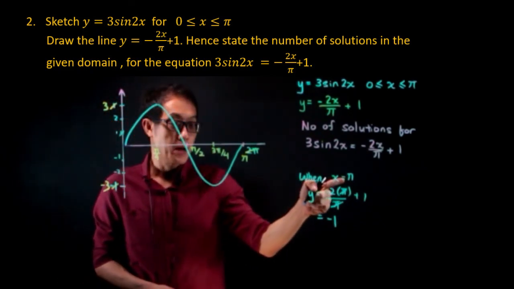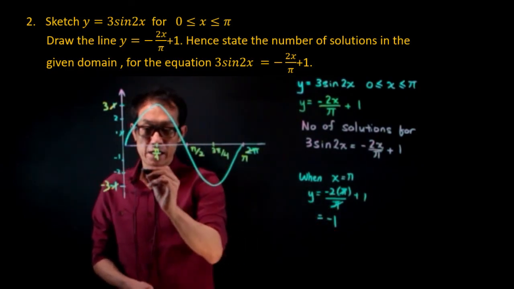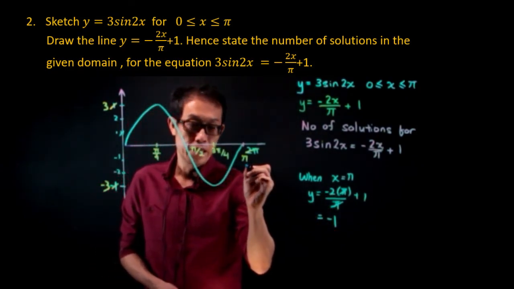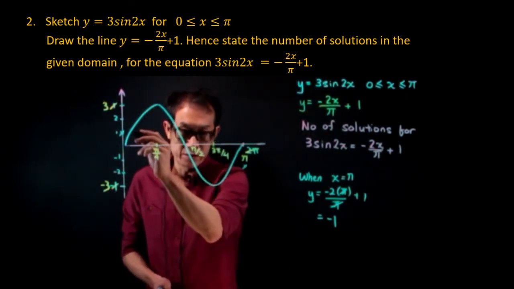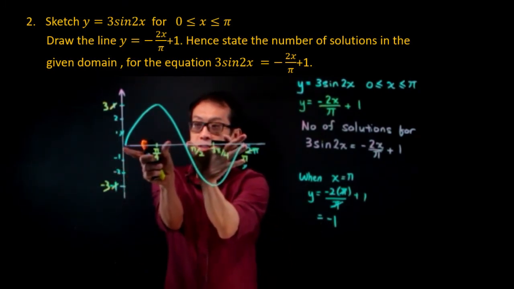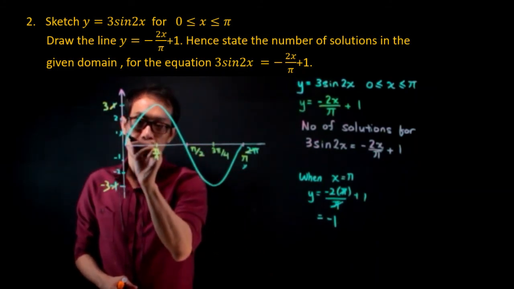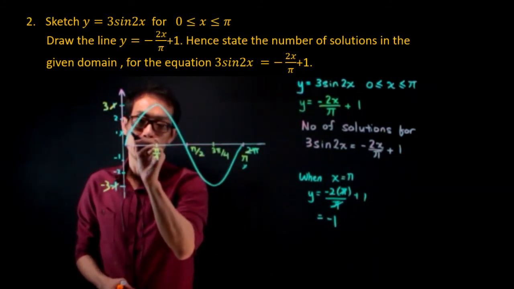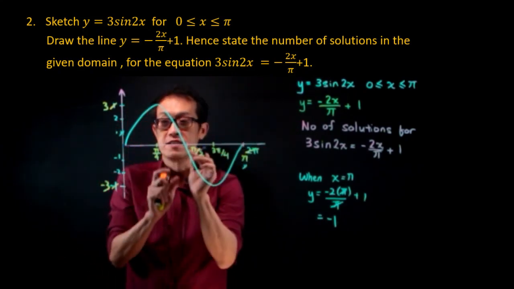So when x is pi, it cuts the y at minus 1. So it will be here. Now you can just join it. Now look at this. These two distances are the same and then the same height. So the line should cut through pi at this point too, because these two heights are the same and this distance is the same.